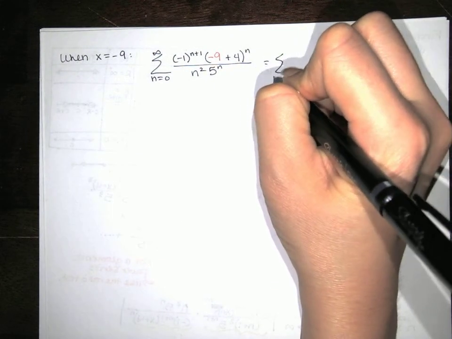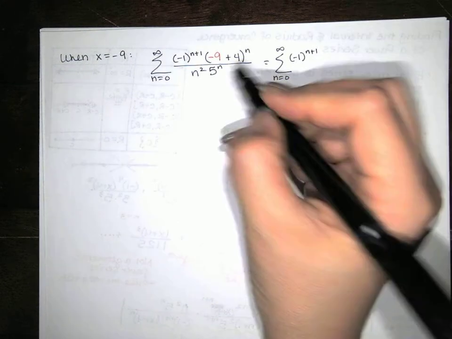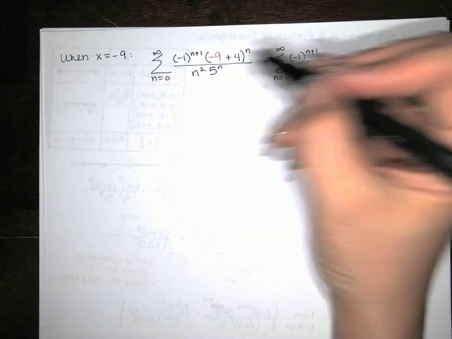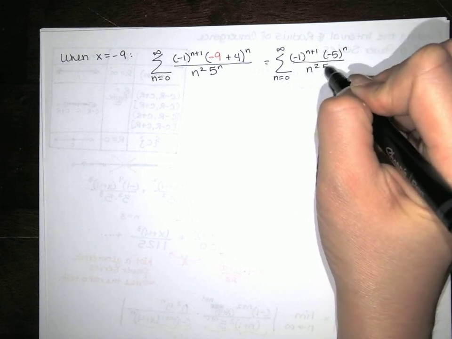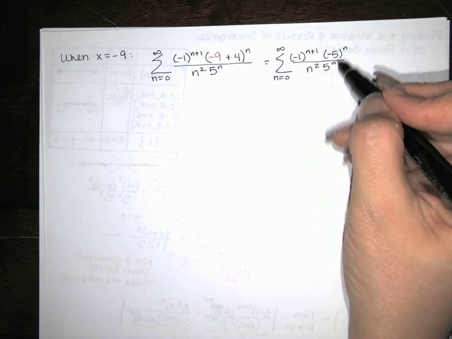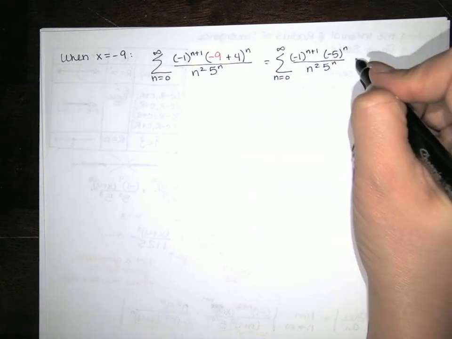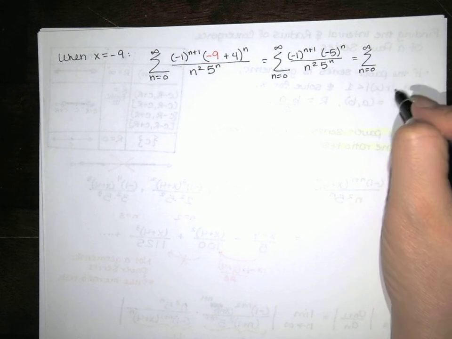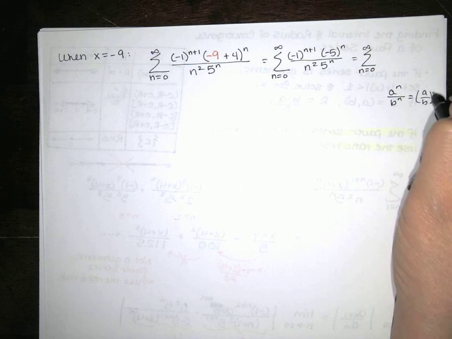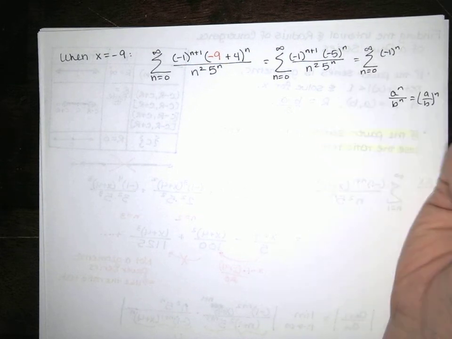So that gives me this. -9 plus 4 is -5. And you've got -5 to the n over 5 to the n. If you divide those, and you can, because a to the n over b to the n is a over b to the n, you're going to have a -1 raised to the n.